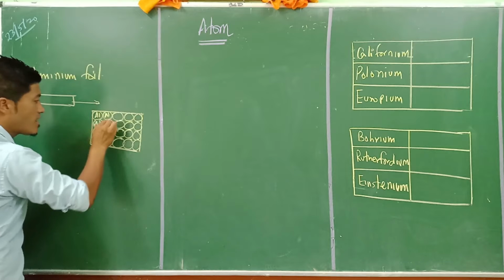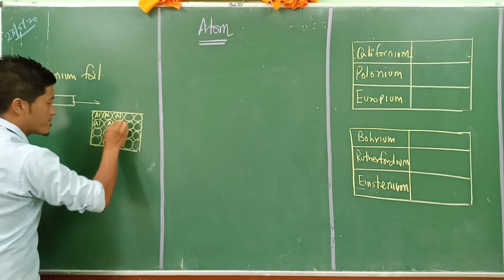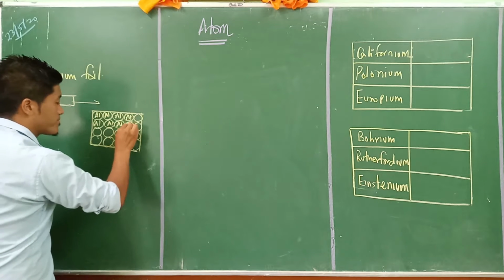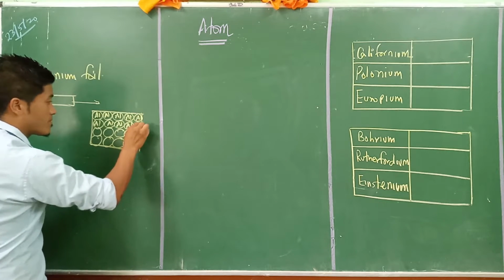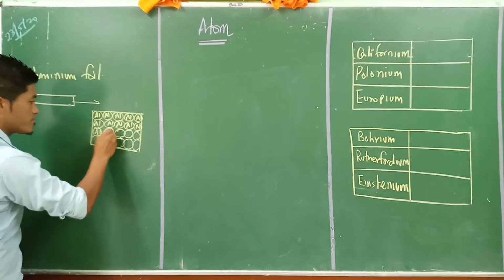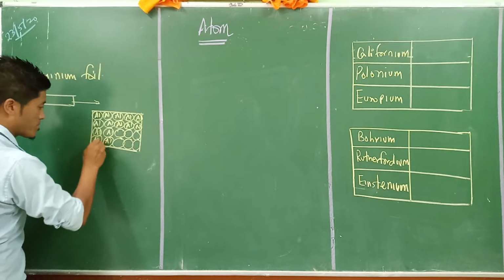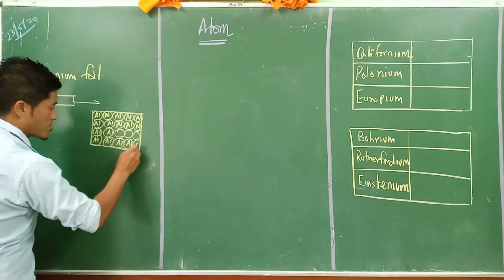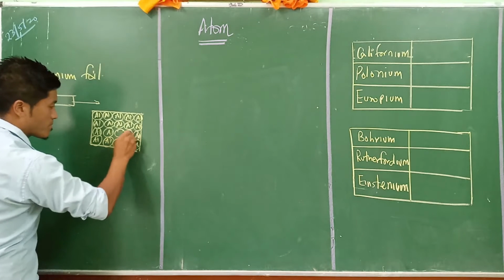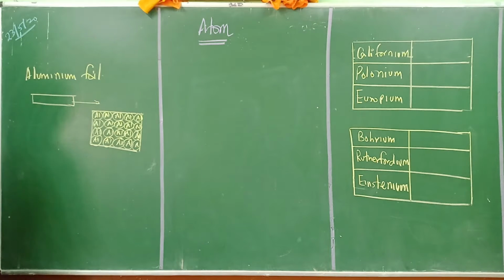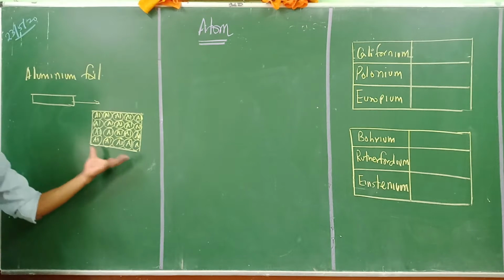All of these are aluminium, aluminium, aluminium. Okay. Now, if we maximize this, we will get this.